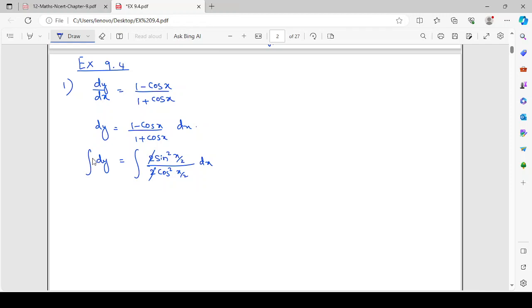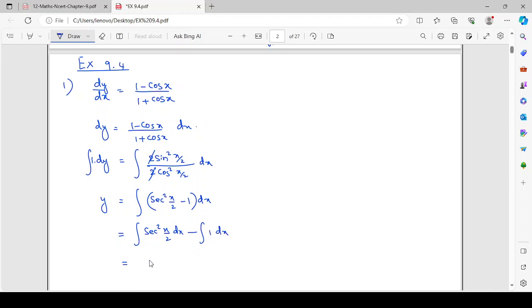So integration of dy means integration of 1 dy, which is y, and integration of tan square x by 2. Can I write tan square as sec square x by 2 minus 1? Why are we writing this? Because we don't know the integration of tan square, but we know the integration of sec square. So tan square is converted to sec square x by 2 minus 1. So this is integration of sec square x by 2 minus integration of 1 dx.